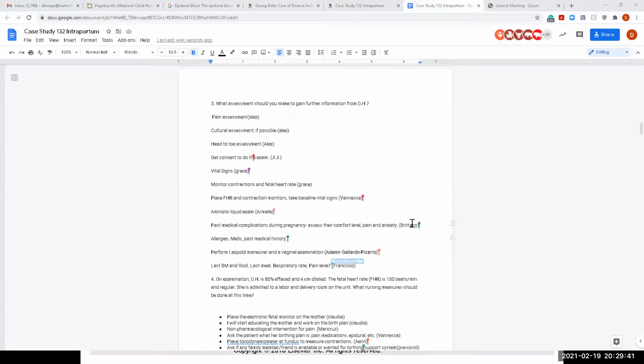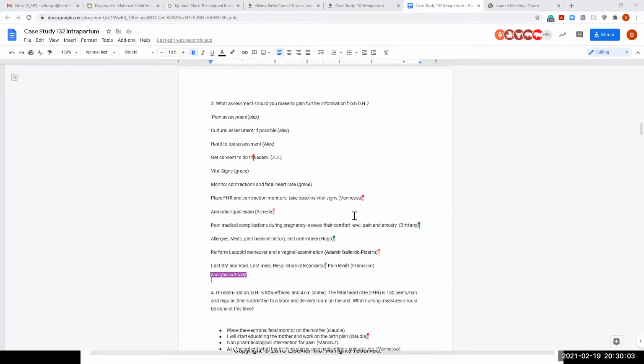So we have putting the fetal heart rate monitor on. Yep, that's important to know. I like to ask them how much the baby has been moving. If they have had amniotic fluid coming out, what color is it? And since the bag of water broke, if it did, has the baby moved?